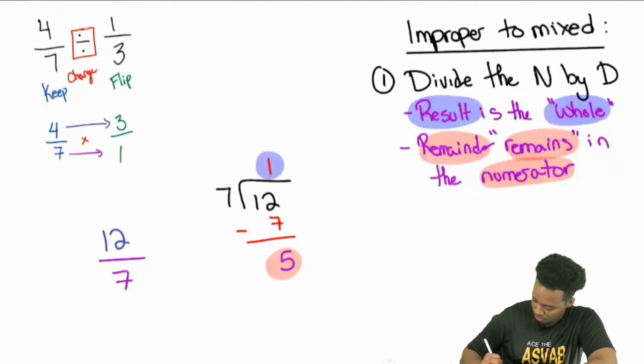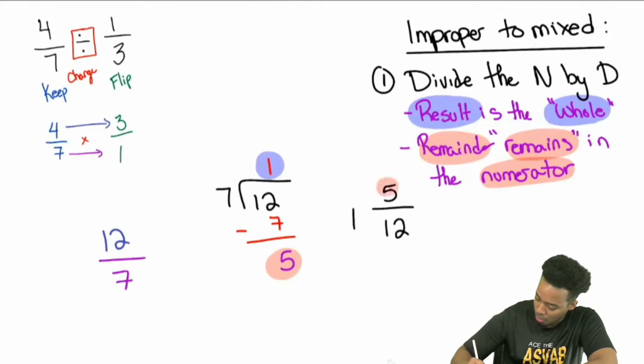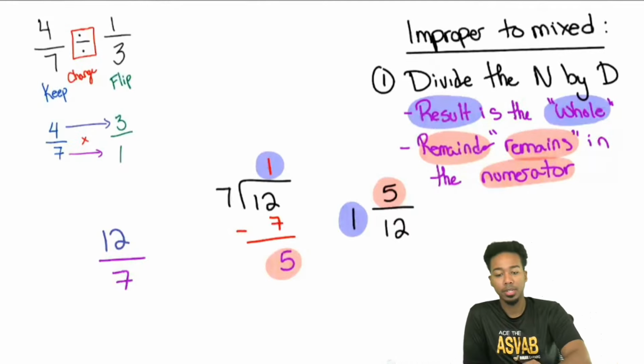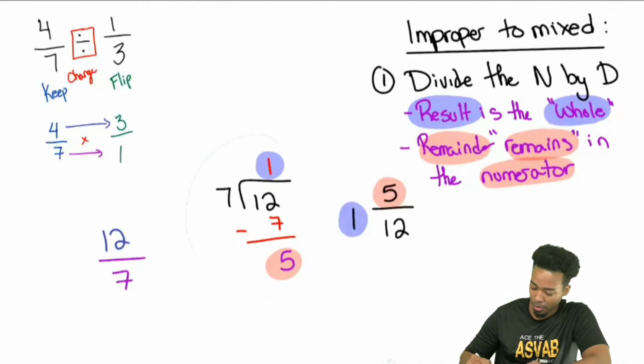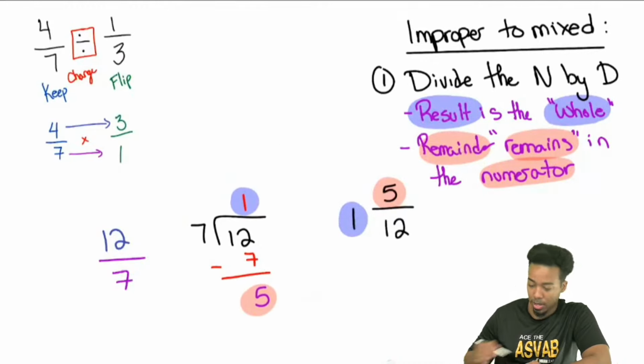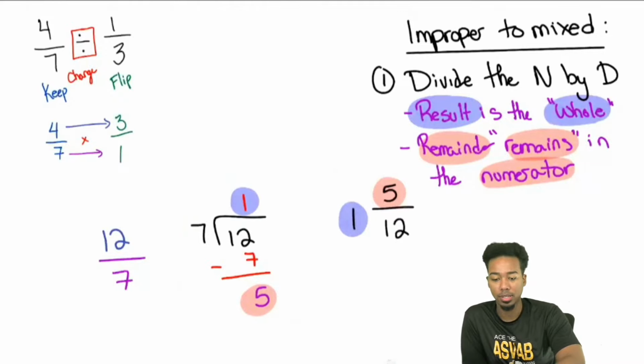Let me use a different color here. Just do 1 and 5 over 7. That remainder remains in the numerator. The result was the whole number. Does that make a little more sense to anybody out there? Converting an improper fraction to a mixed number.